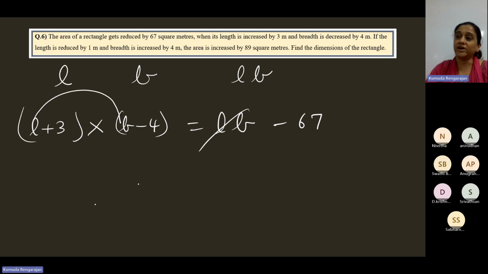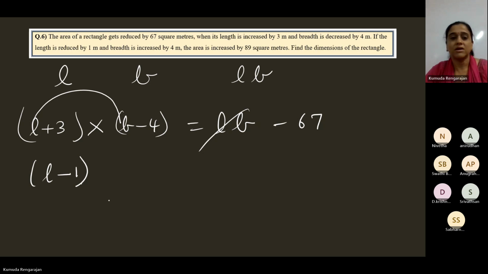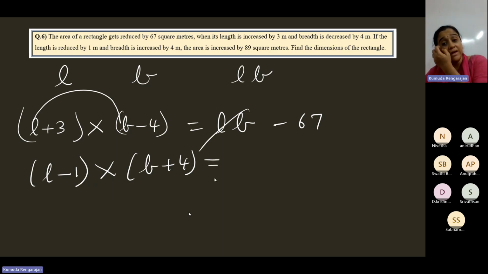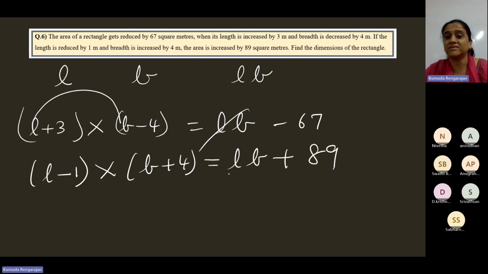Then if the length is reduced by 1 meter and the breadth is increased by 4, then the area is increased by 89 square meters. Original area is LB. It's increased by 89.